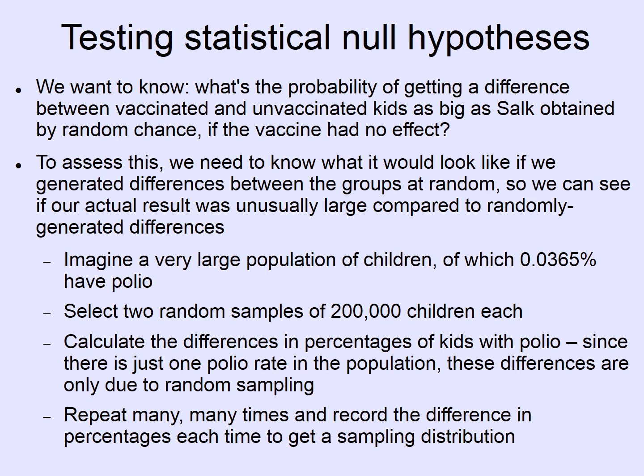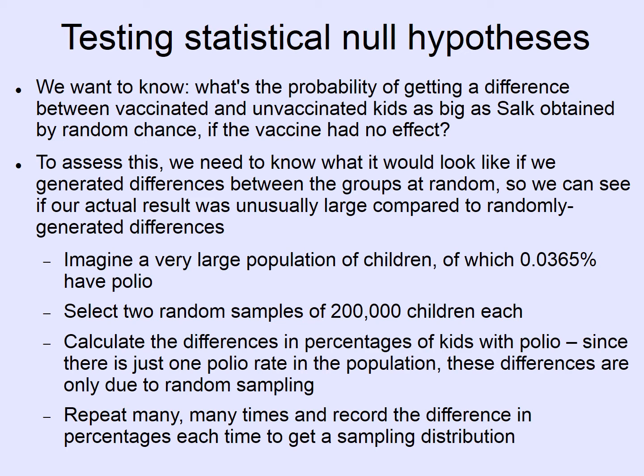And then I look at the mean of infection rate between those two groups. What would you expect? I didn't do anything to these kids, so you would expect the polio rate to be the same in the two groups that I just randomly put them in, and should be around 0.0365%.